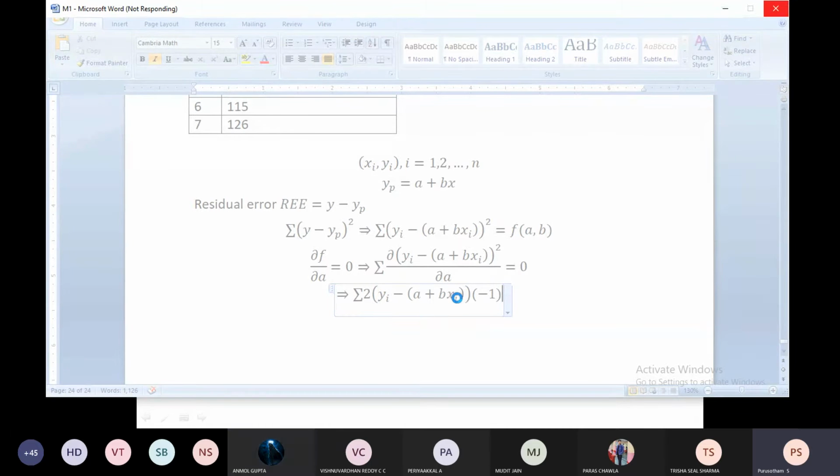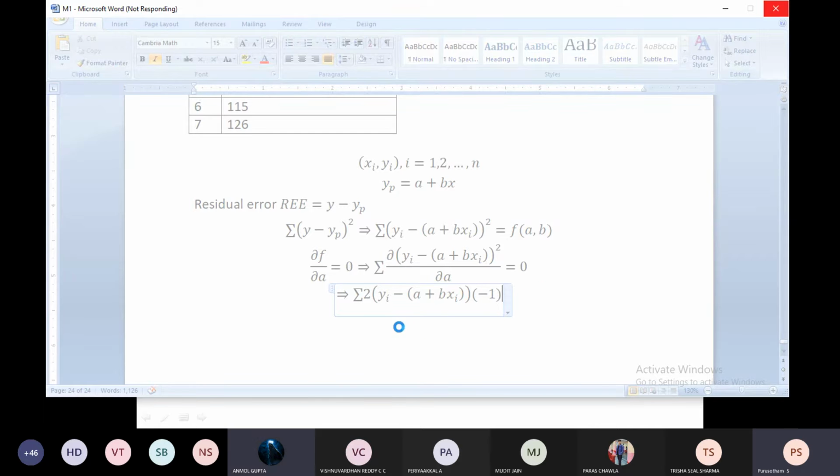Now, can you simplify this step? This minus 2 is going to the right side. 0 by minus 2 is 0. Then what is the leftover expression? Sigma yi minus sigma (A plus Bxi). yi and A plus Bxi, you take to the right side: sigma yi equals sigma (A plus Bxi), right?